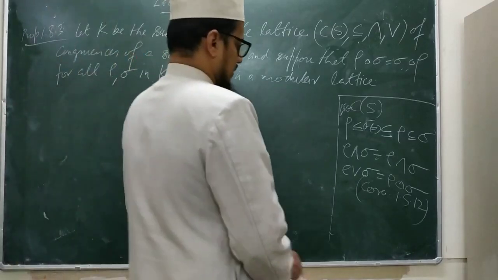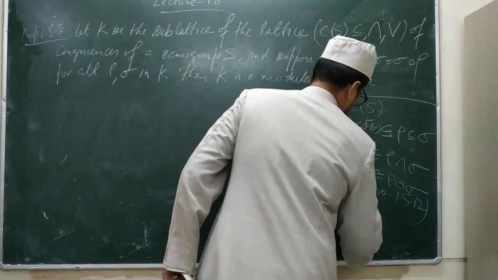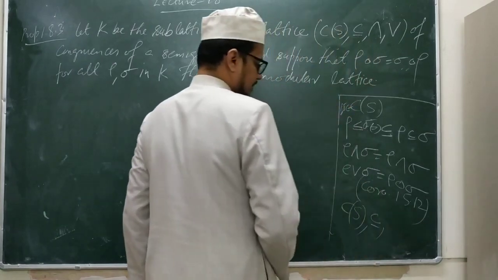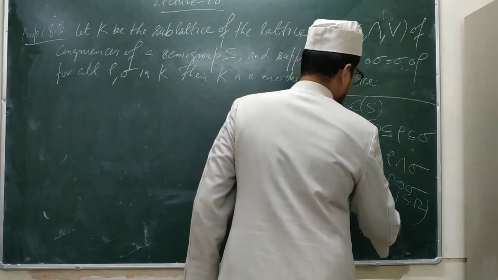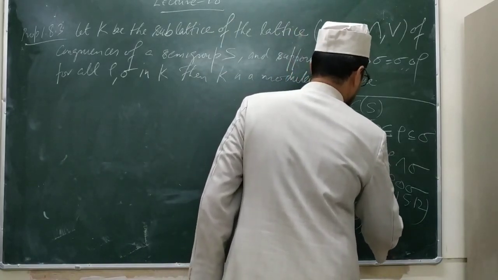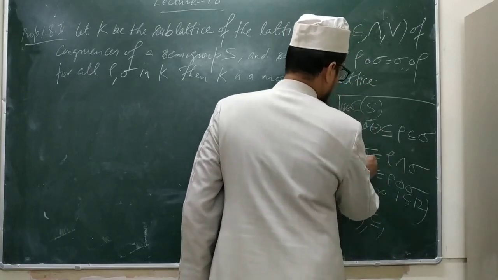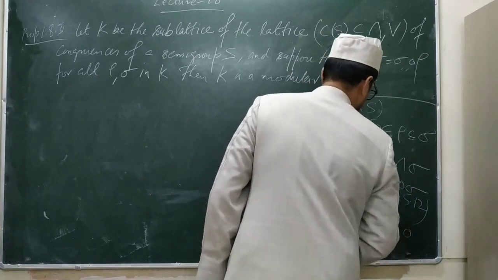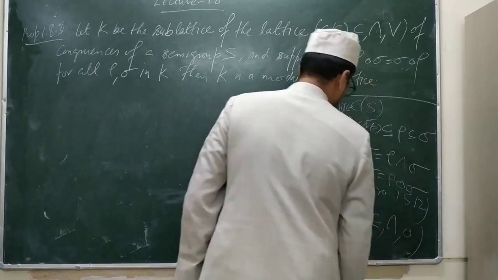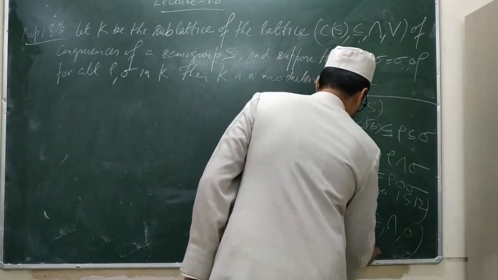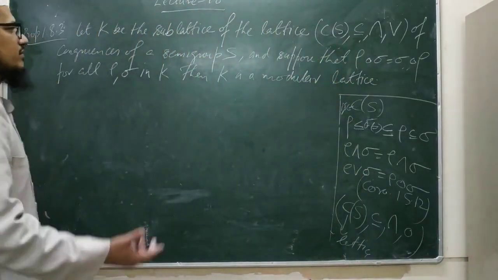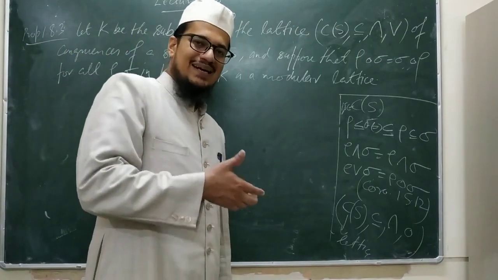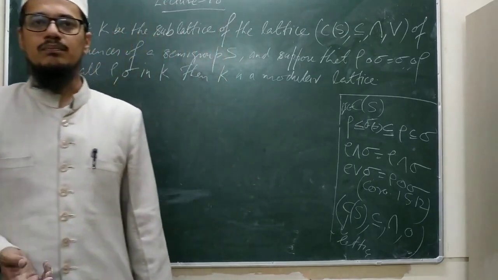So basically this lattice is like this. The partial order is the subset, containment sign; meet is represented by intersection, and join is represented by composition. So this is a lattice, correct? Now K, the sublattice, means a subset of the lattice which forms a lattice with respect to the same partial order.